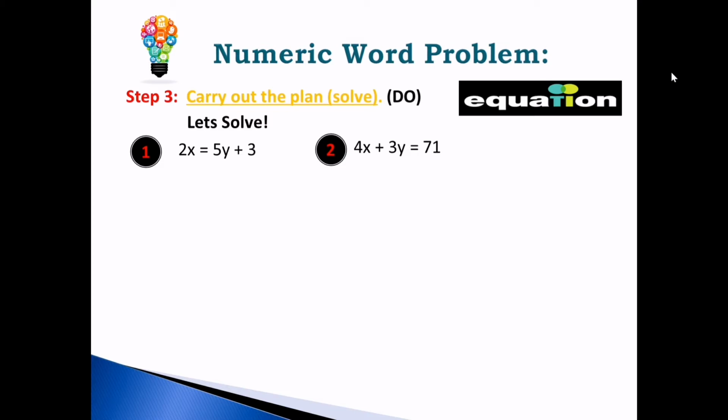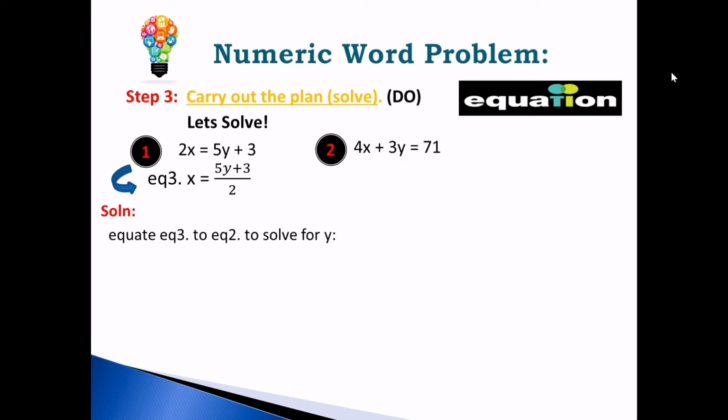If I divide the whole equation by 2, I get equation 3: x equals (5y plus 3) over 2. It is not logical to equate equation 3 to equation 1, but rather to equation 2, so we can solve for the value of y.